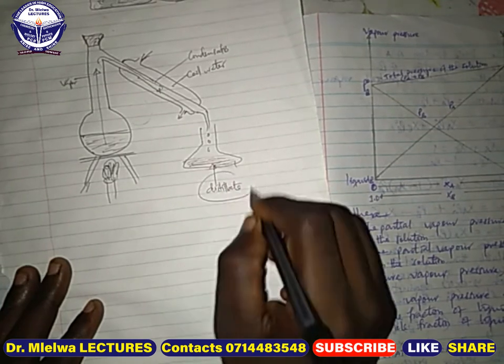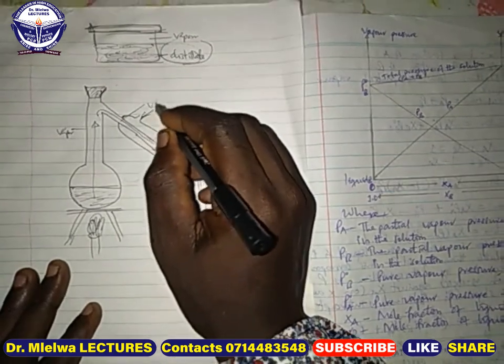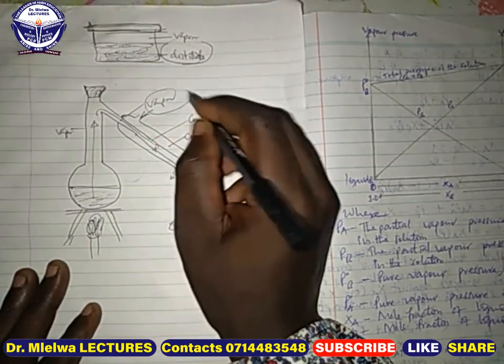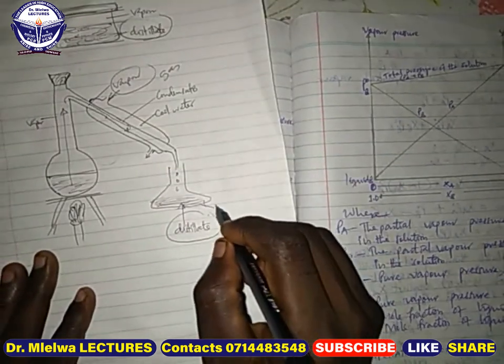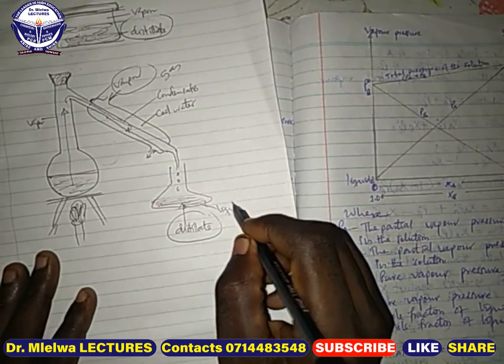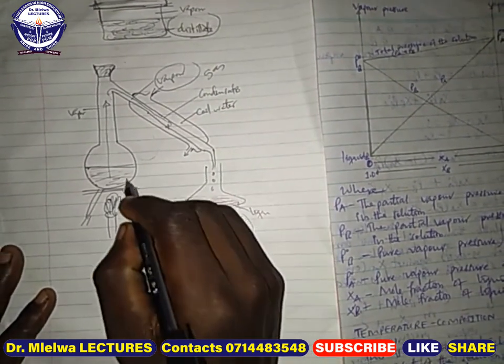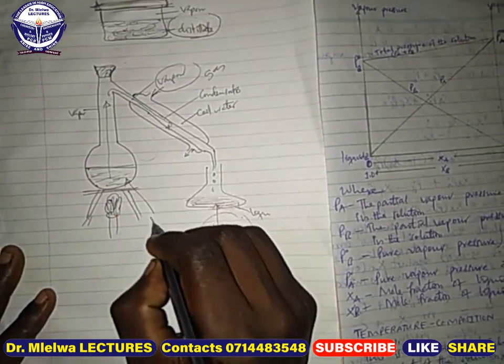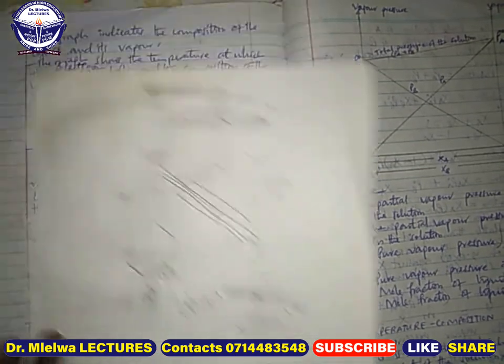So the composition of the distillate is equal to the composition of the vapor, because the vapor is in gas form and the distillate is in liquid form, but their compositions are the same, and what remains in this flask is always named the residue. That is, what remains.